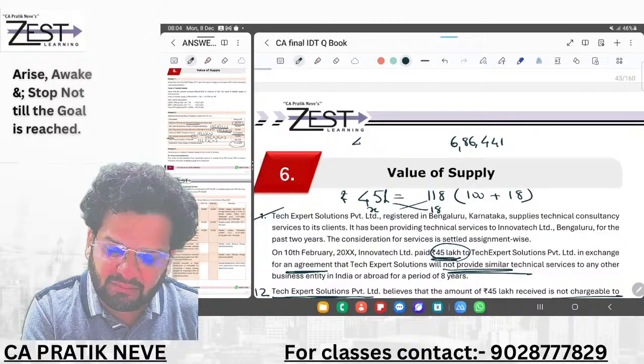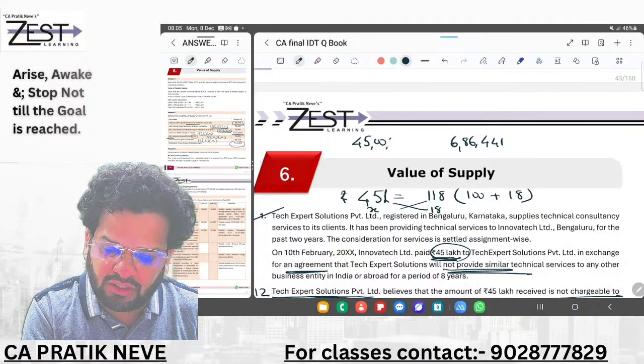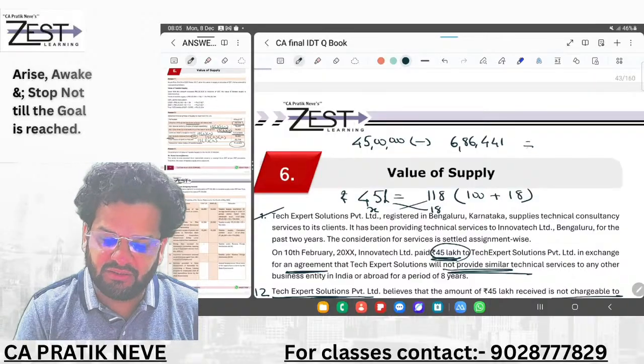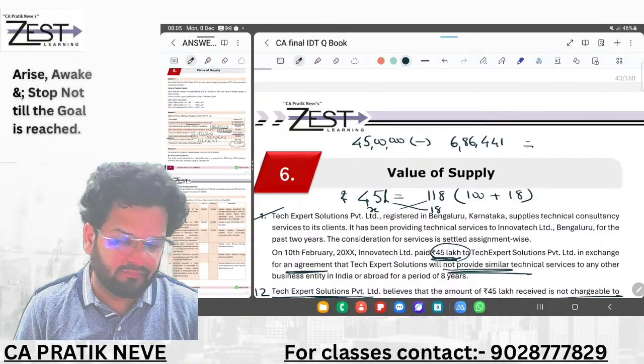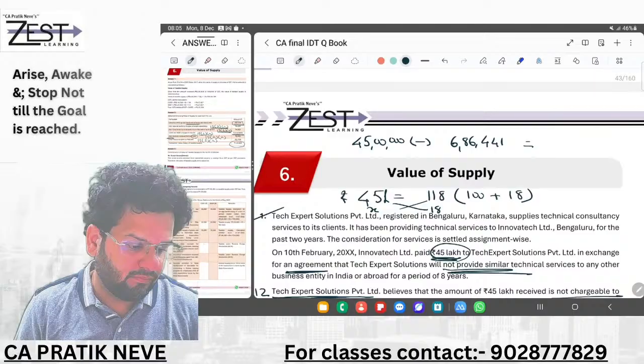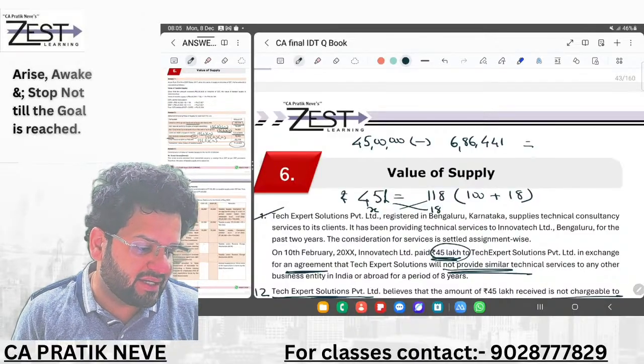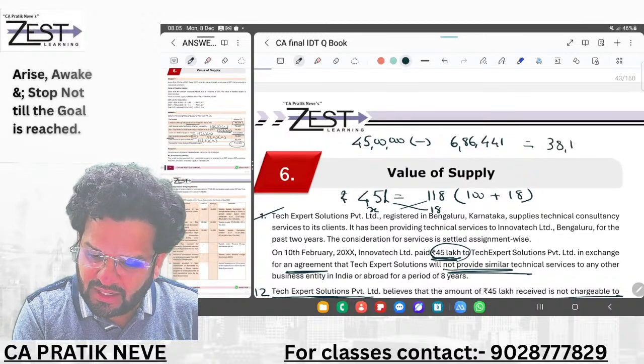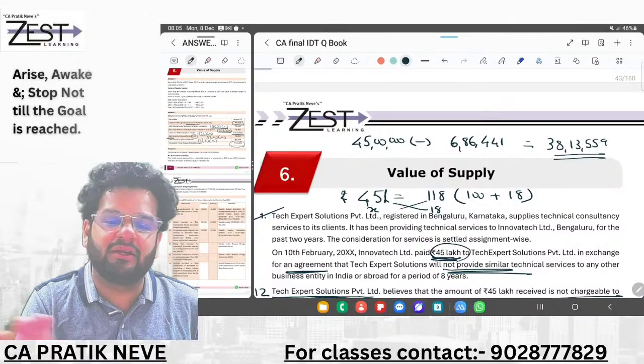So your assessable value will be 45 lakhs overall value minus GST. So what is that? It should be 38 lakh 13,559. 38 lakh 13,559 should be assessable value.